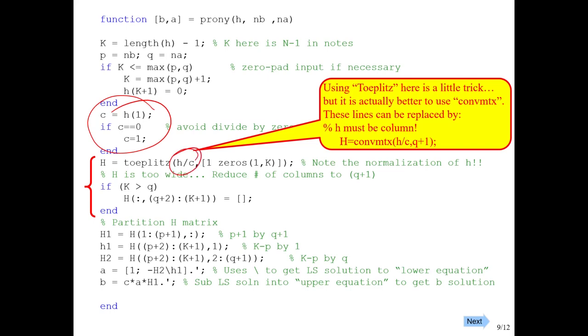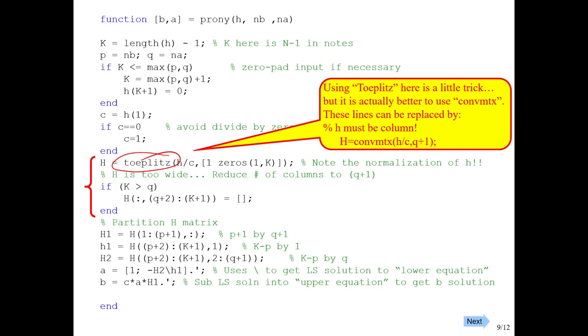It just makes things a little bit easier as long as we make sure that our H numbers aren't really big or really small. So that's all that is doing. And then this Toeplitz command, that's what they used inside this prony command. Toeplitz makes a matrix with a very specific structure.